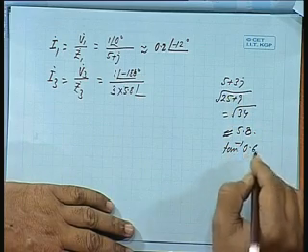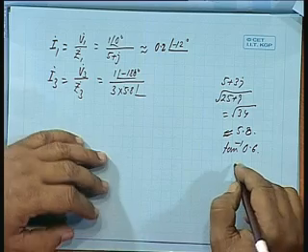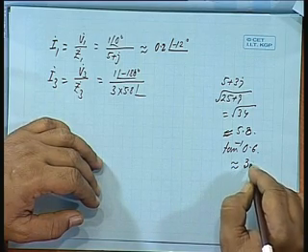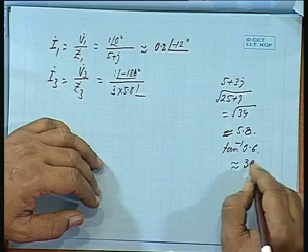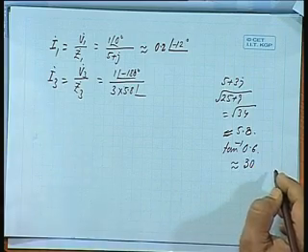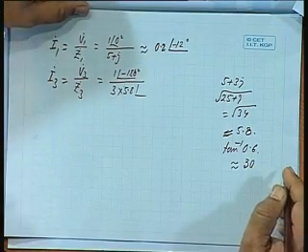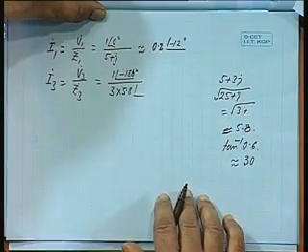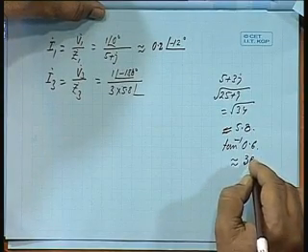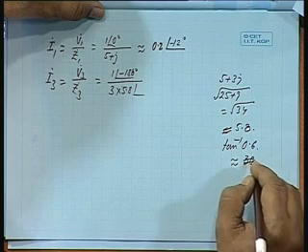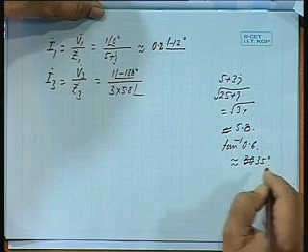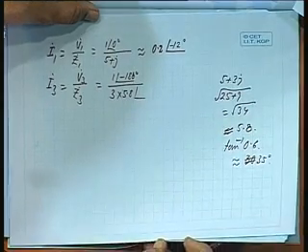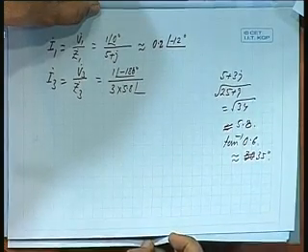So 1 by 3 into 5.8 and an angle of tan inverse 3 by 5, so tan inverse 0.6, pretty close to 30 degrees, somewhere 35 degrees or so.